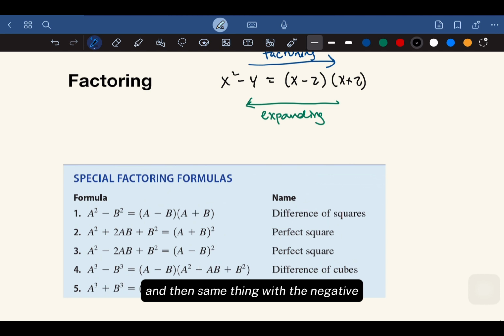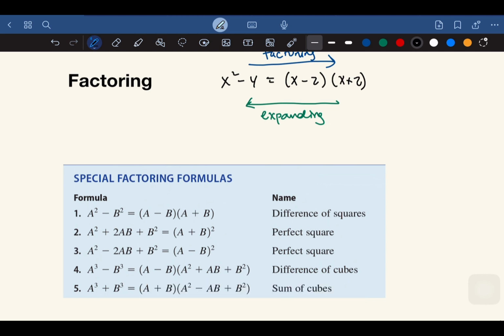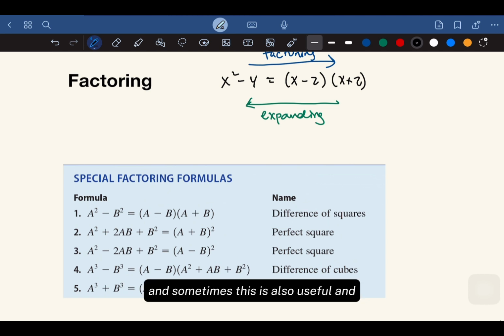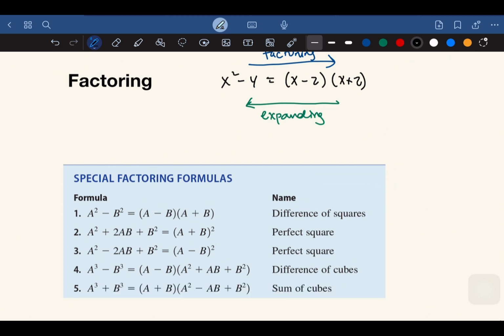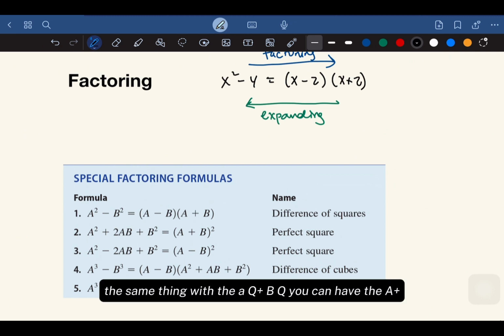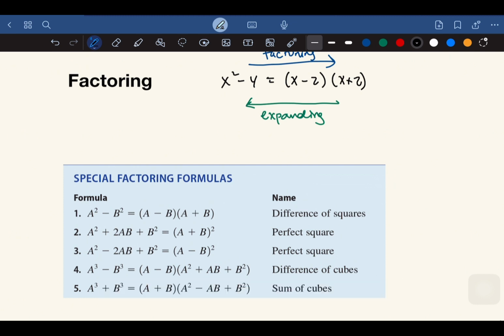And then the same thing with the negative, you can have a minus b. And sometimes this is also useful. You can factor out a minus b from a cubed minus b cubed. You will get a squared plus ab plus b squared, okay? And the same thing with a cubed plus b cubed, you can factor out a plus b from the forms.